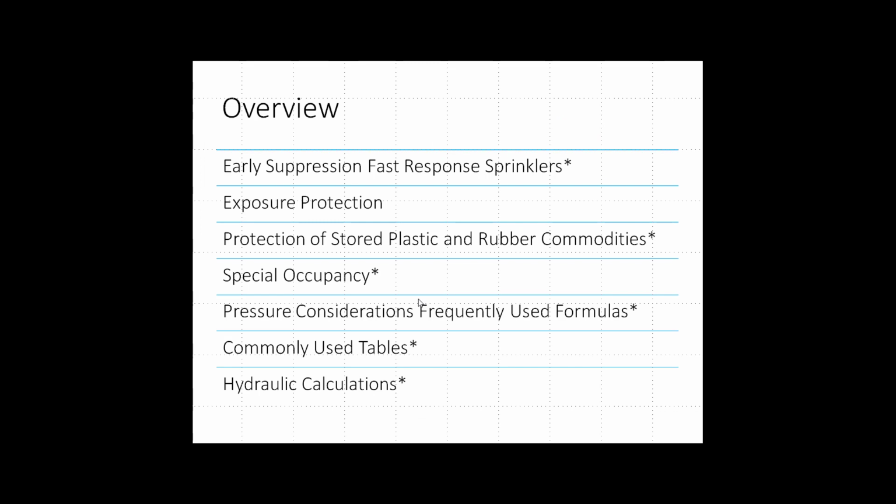We will also be discussing the following: early suppression fast response sprinklers, ESFRs, protection of stored plastic and rubber commodities, special occupancies, pressure considerations, frequently used formulas, commonly used tables, and of course, hydraulic calculations.